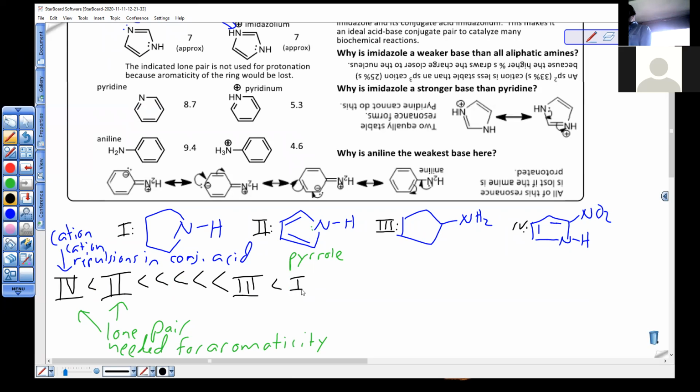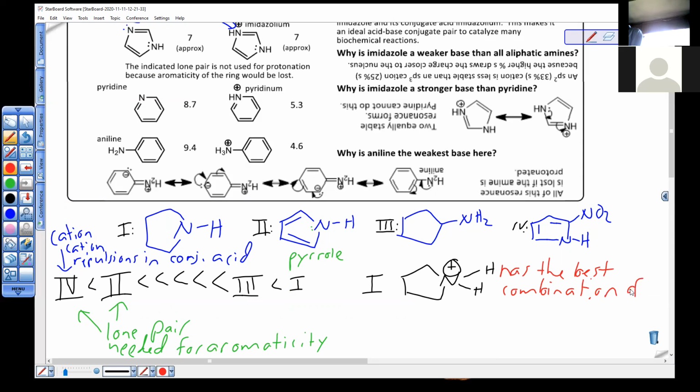In 1, I need you to talk to me about the conjugate acid, and I need you to say it has the best combination of hyperconjugation, because it's got 2 carbons attached, and hydrogen bonding with the 2 hydrogens attached.